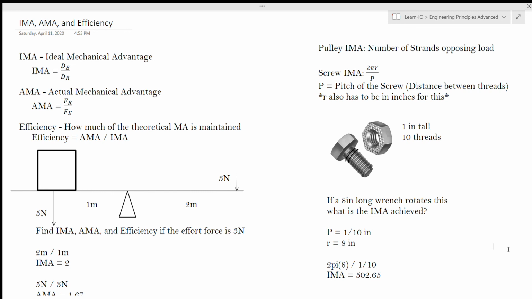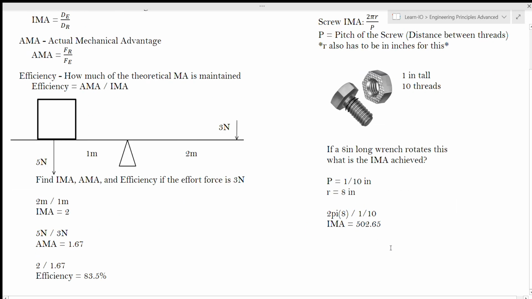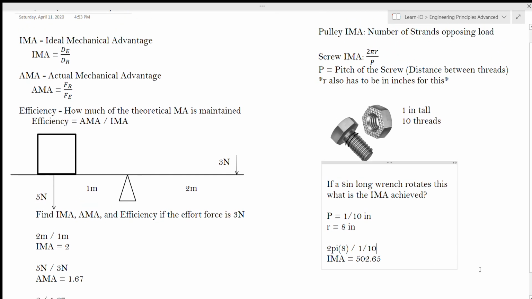Because of this, their AMA ends up actually being relatively realistic. So a machine with 502 as its IMA might end up with an AMA somewhere between 1 and 4. It really loses a lot in its efficiency.